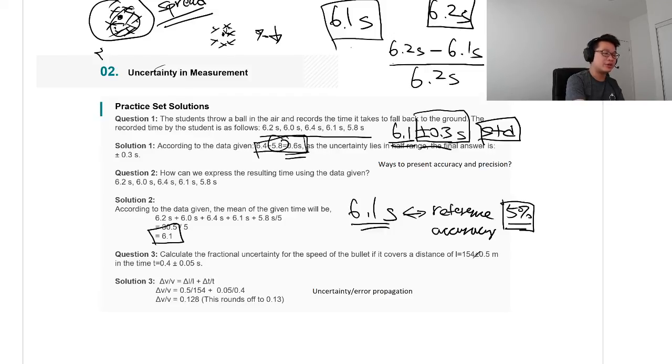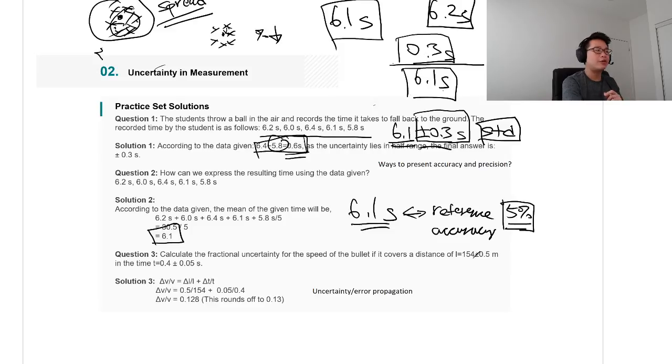So essentially, we are going to do a similar analysis on the spread with respect to our average. Say our average is 6.1, that should be on the denominator, 6.1 seconds, and our spread will be 0.3 seconds. So we are looking at our spread over our average, or in other words, we can put our standard deviation over our mean.